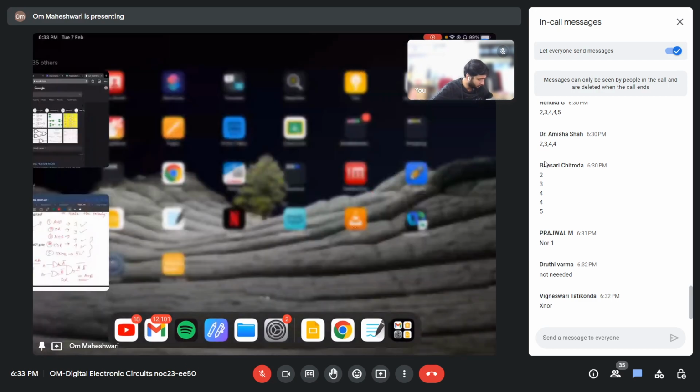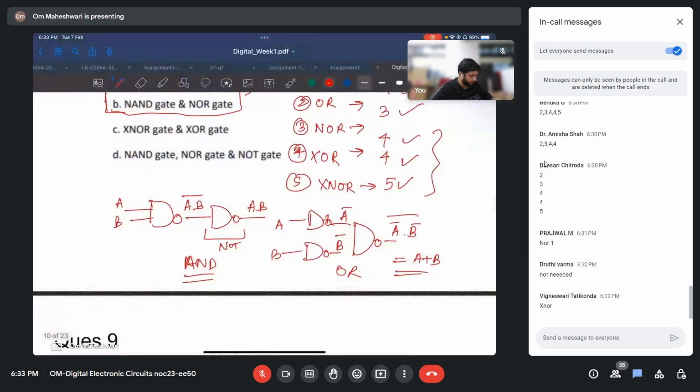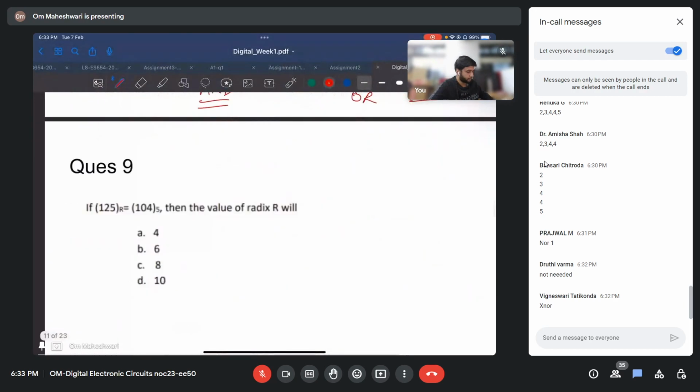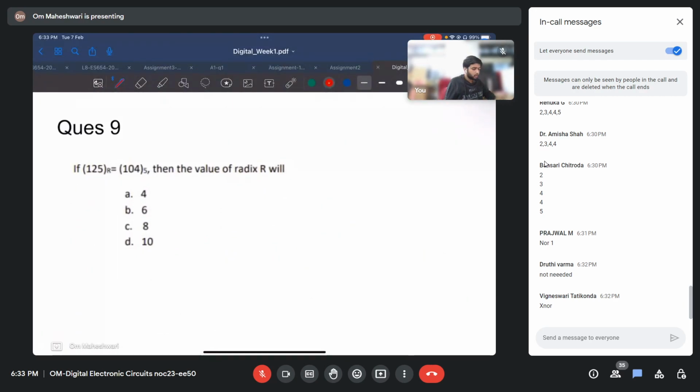So let us go back here. If 125 base R is 104 base 5, then the value of radix R will be. So let us write it.